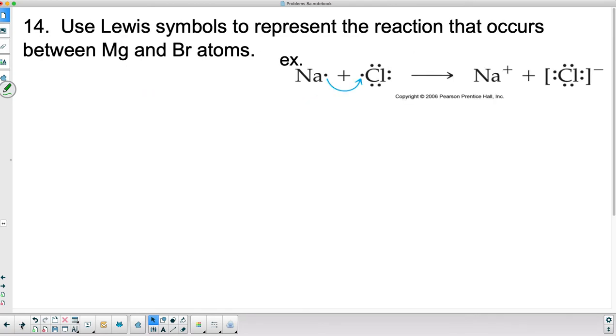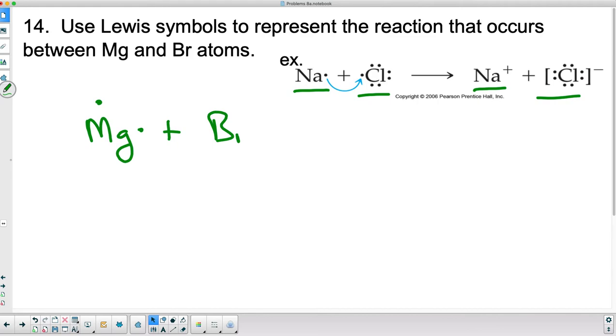Use Lewis symbols to represent the reaction that occurs between magnesium and bromine. Notice the way I have my reaction written here. I have sodium giving 1 electron over to chlorine, and then on the other side we got the +1 and the -1. I'm going to do exactly the same thing here, except this time magnesium doesn't have 1 like sodium, but it has 2 because it's in the second group, so it has 2 valence electrons.